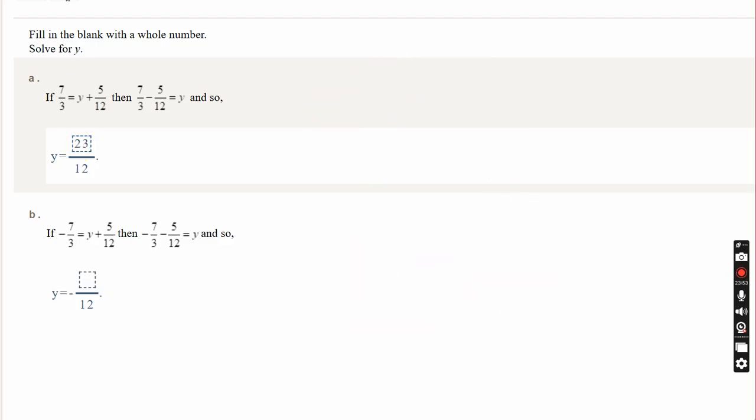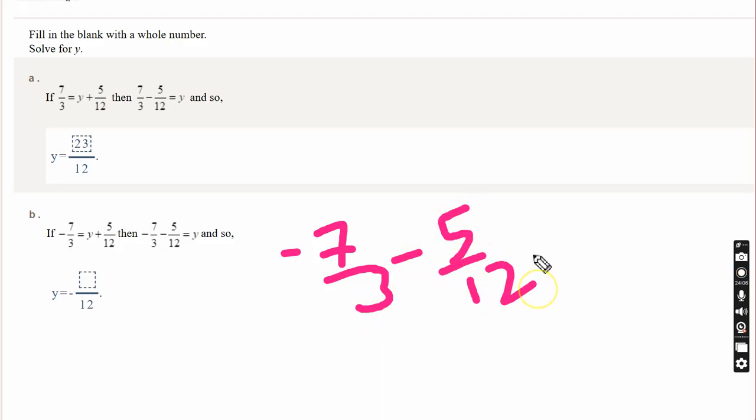The next one, what do we have? It's minus 7 over 3, y plus 5 over 12. Again, they did the first step for you, so minus 7 over 3 minus 5 over 12. What do we do? Sorry, before you add them, you keep the denominator the same. Times 4, times 4, you get 28.